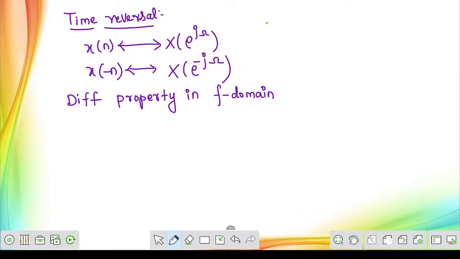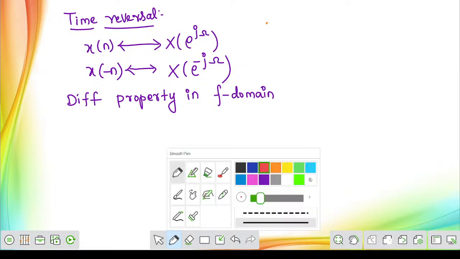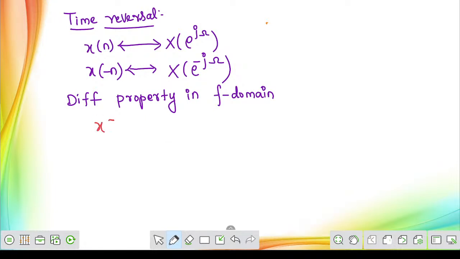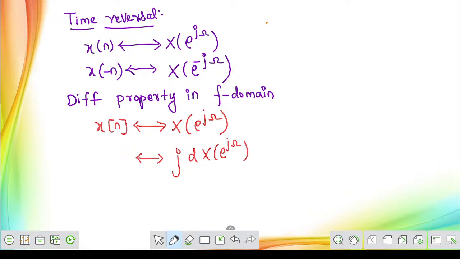If I have a signal x of n, its corresponding discrete time Fourier transform can be written as X of e power j omega. If we are differentiating this signal in the frequency domain, you will obtain the same formula: j into dX of e power j omega divided by d omega.